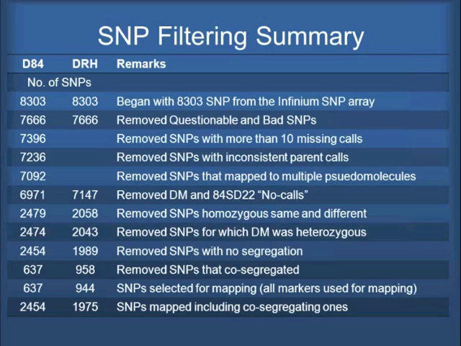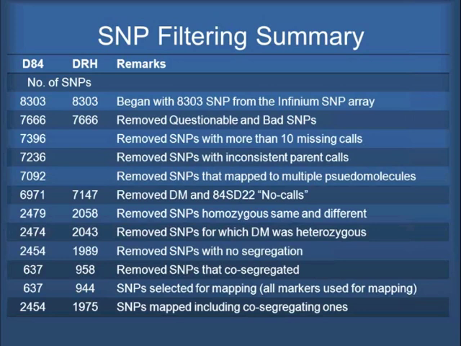That was kind of our arbitrary call since we're working with 92 progeny. Remove SNPs with inconsistent parent calls, map to multiple pseudomolecules. So that took us from 7,666 down to 6,971 and 7,149 for the two populations.